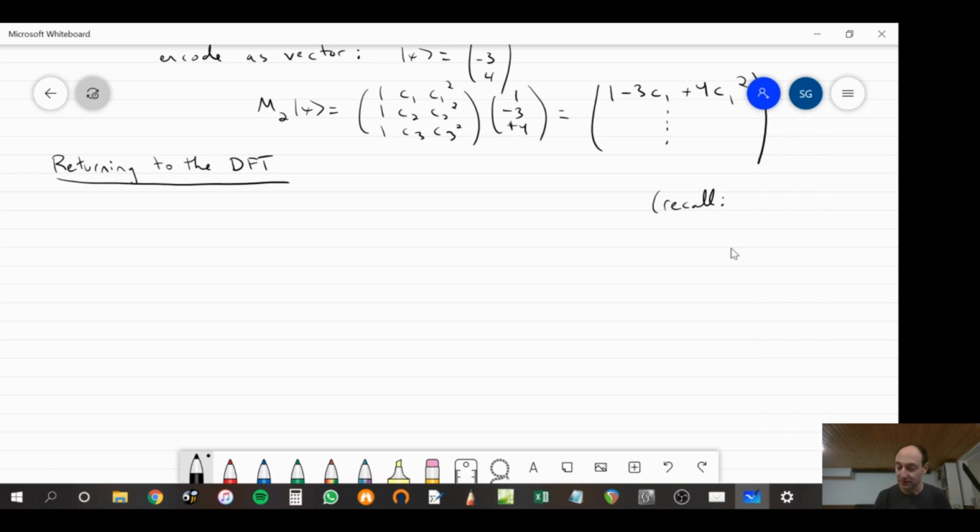So remember that any complex number c is just r times e to the i theta, for some magnitude r and some phase theta. Somehow, the magnitude is kind of irrelevant, it's just a rescaling. So let's just chop that part off. Now we're left thinking about the unit circle.